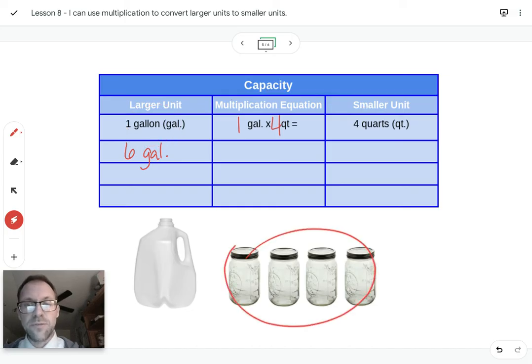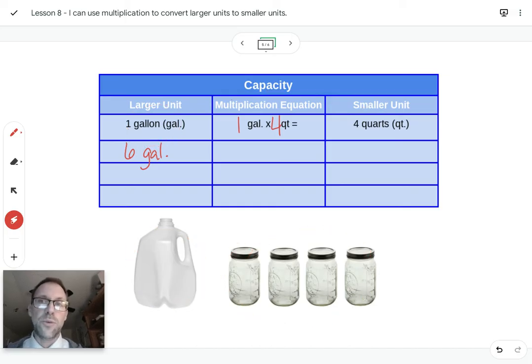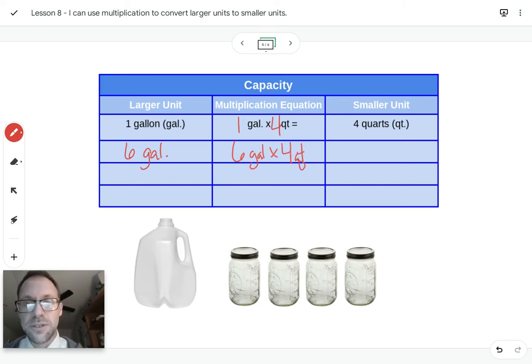It takes 4 of them to make 1 gallon. So we could multiply. Let's do that. Well, that's a math fact, isn't it? Yeah. 6 gallons times 4 quarts. 6 times 4. That's 24. 24 quarts.